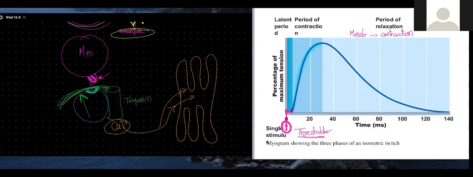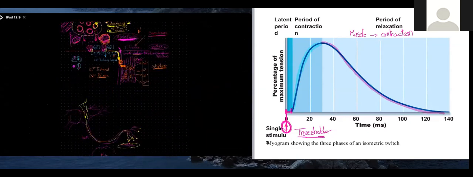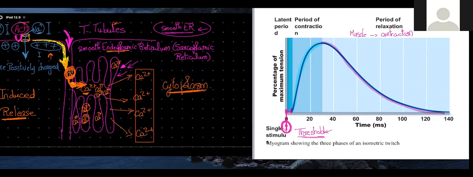Following the contraction phase, you're going to have the relaxation phase. What happens during the contraction? I am releasing the calcium out from the sarcoplasmic reticulum. What happens during the relaxation phase? You are pulling the calcium back into the sarcoplasmic reticulum.